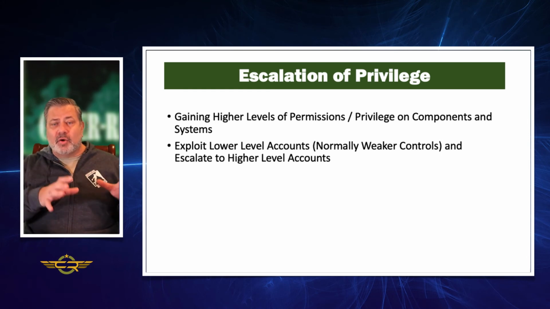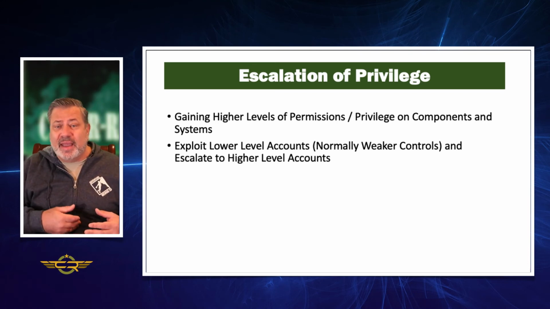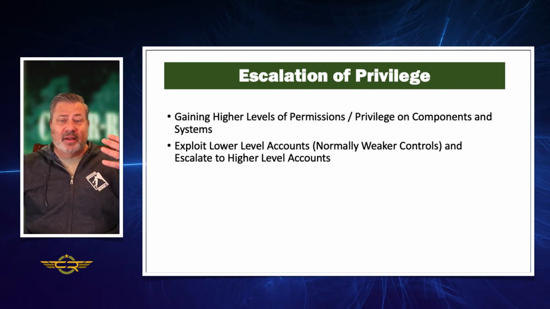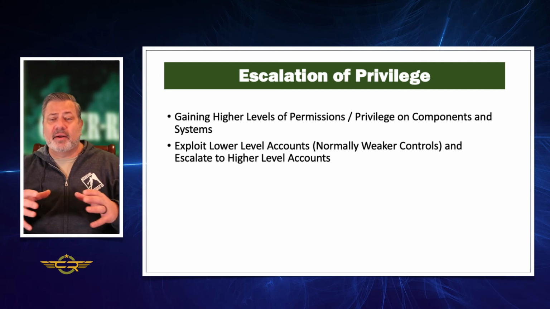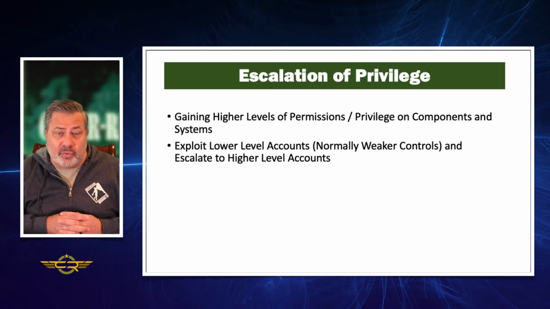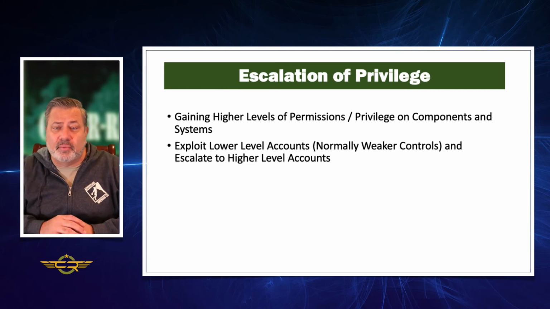So the goal of escalation of privilege is to take an account maybe you've already compromised and elevate its privileges, or maybe even just create a brand new account and elevate that privileges. And we want to get as many privileges as we can on the network because that's going to prove what the attacker can do in the penetration test. And that's what we're trying to do. We're trying to prove vulnerabilities are present on the network, right?